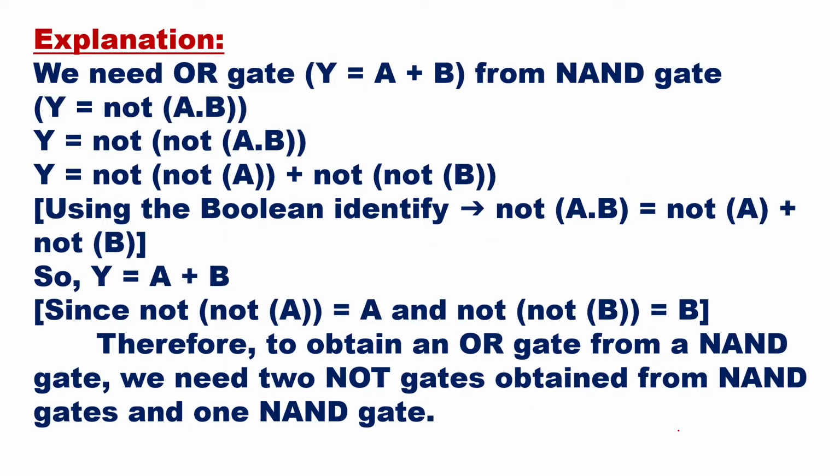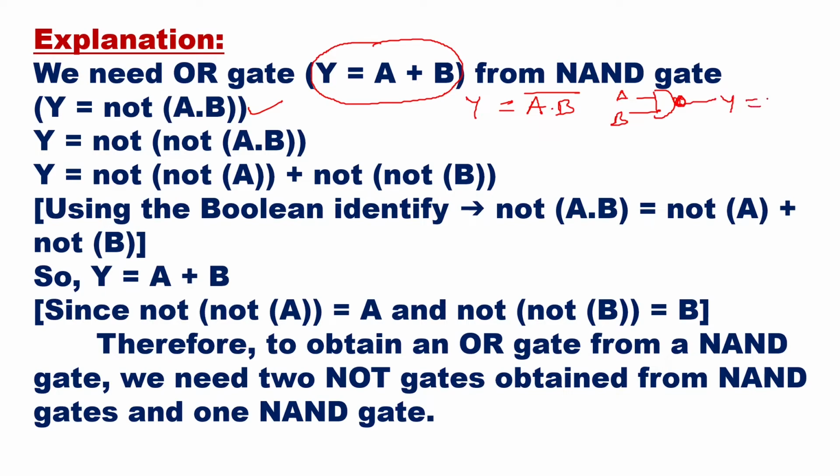So here you can see the explanation. We need an OR gate. Now OR gate is nothing but y is equal to a plus b, that is a ORed with b, from a NAND gate, where the NAND gate's function is y is equal to (a into b) bar. This will be the function of the NAND gate. So if you take this NAND gate with inputs a and b, this is the output y.